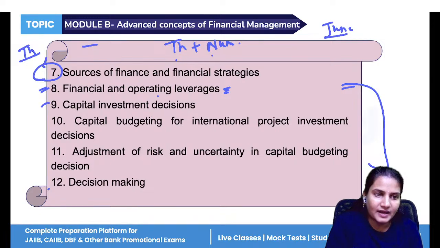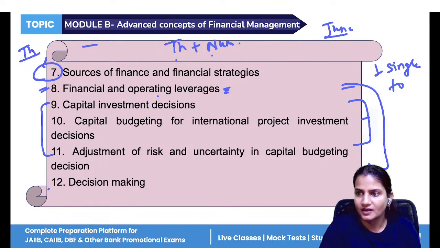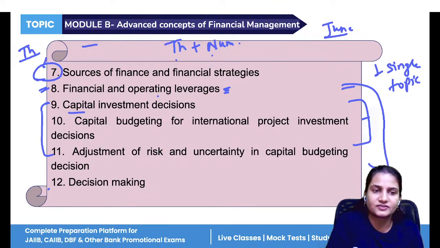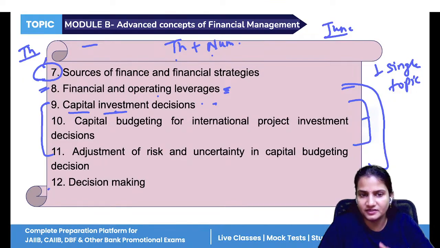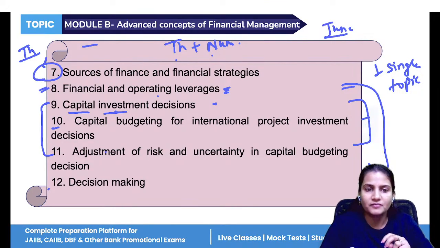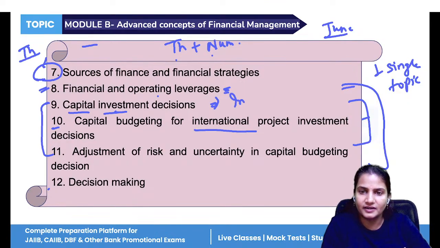Then unit 9, unit 10, unit 11. These three units comprise one single topic. And what is that single topic? That is capital investment. Here you will study how to take decisions related to your project, the capital investment decision. In unit number 9, you will take decisions related to your Indian project.